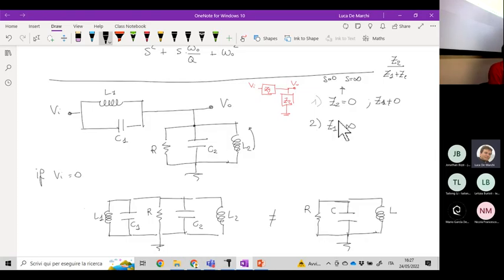Unfortunately, in both these conditions, L1 and C1 are respectively a short circuit as well. So condition number 1, which is Z2 equal to 0 with Z1 different from 0, is never fulfilled.